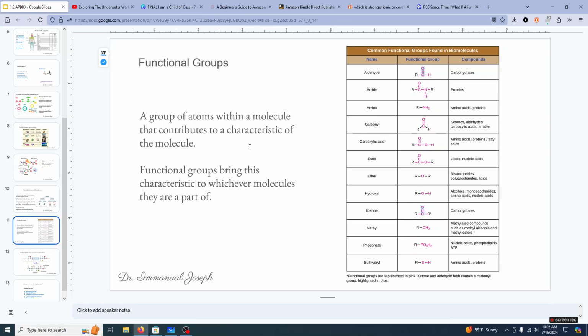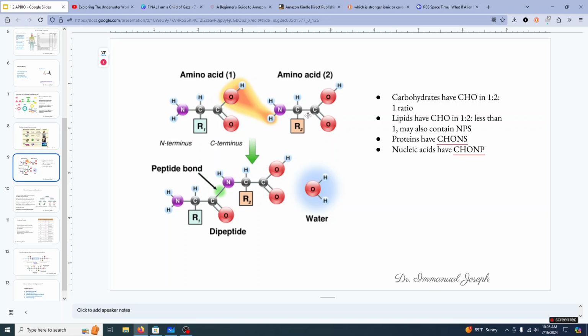If you take an amino acid, for example, and as you know, amino acids are the building blocks of proteins. They are the monomers that make up proteins. And all amino acids have the basic foundational structure where you have a carbon, which is attached to a hydrogen on one side, an amino group on one side, a carboxylic group on one side, and a variable group on the other side.